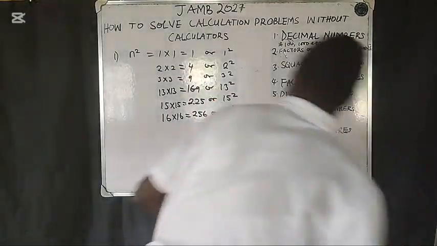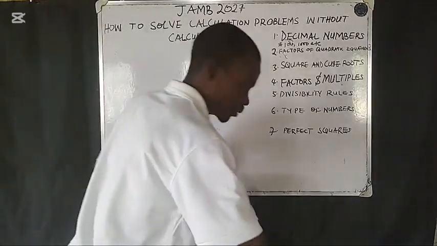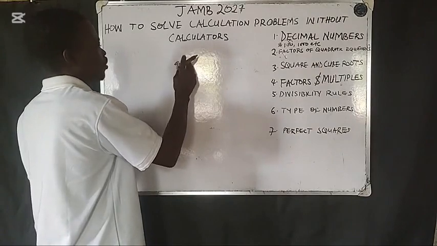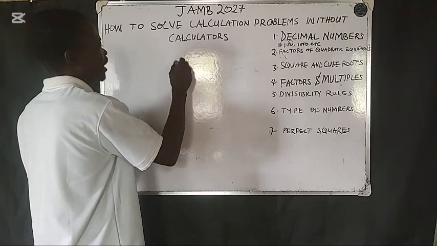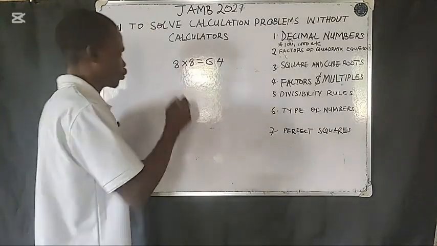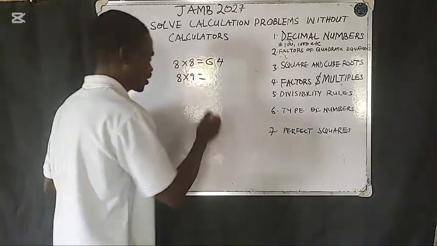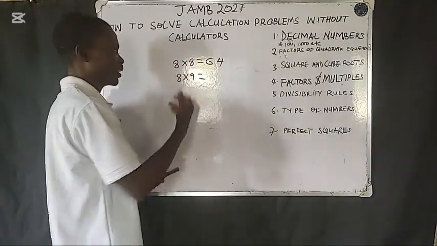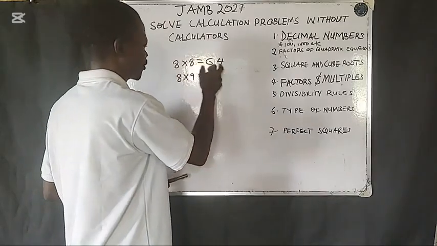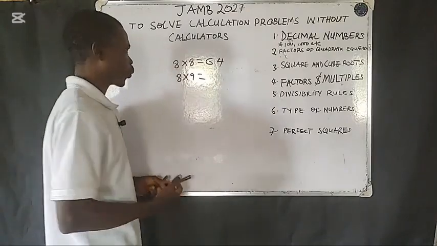Why are they necessary? Why do we need to know our perfect squares? That's the most important. If I know that 8 times 8 is 64, and for example, I don't know 8 times 9, what do I simply do?